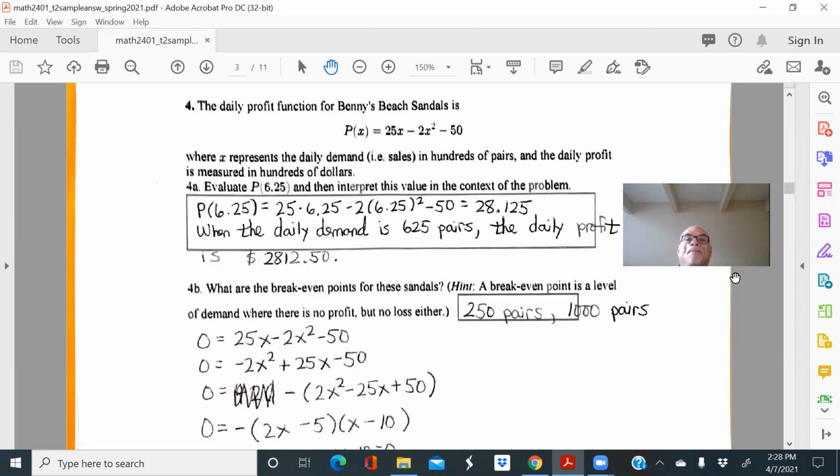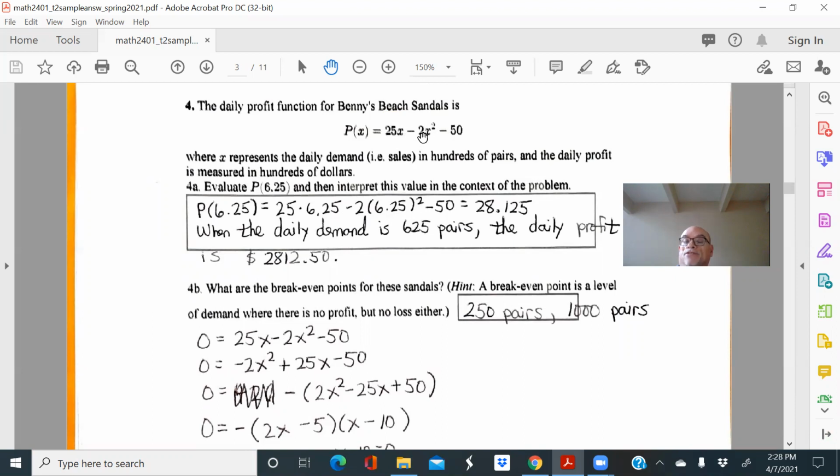in this problem, we're given what's called a profit function for the sale of this item, Benny's beach sandals. This function you can use to determine what the profit is going to be from the sale of Benny's sandals when you have a particular daily demand of x sandals.